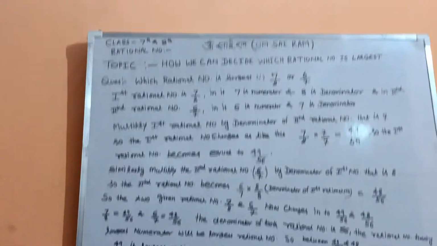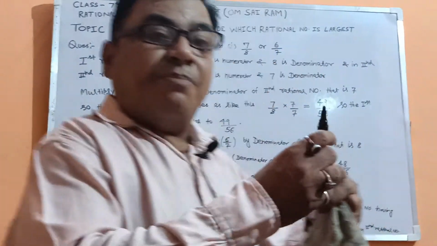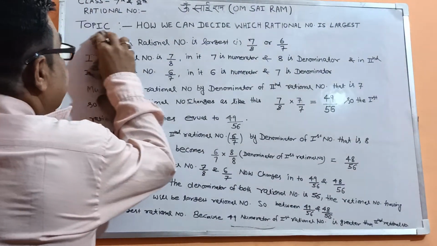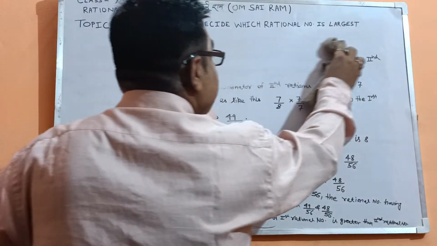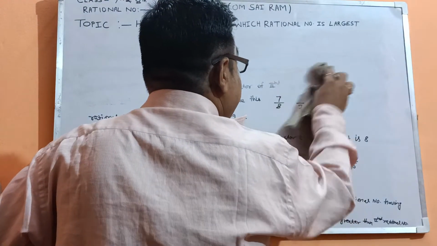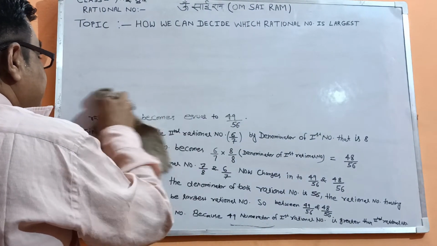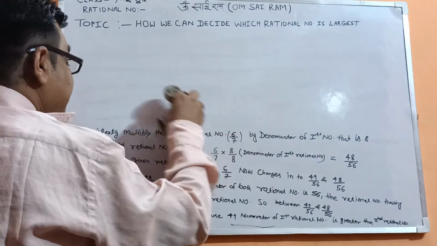For that, I am taking 2 or 3 more examples of rational numbers.